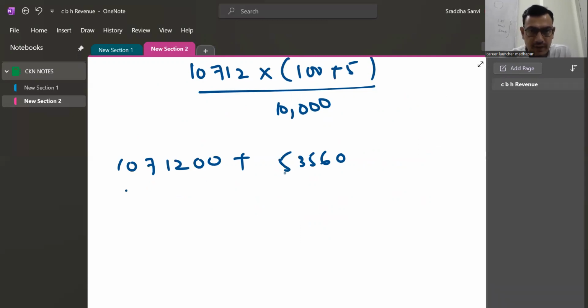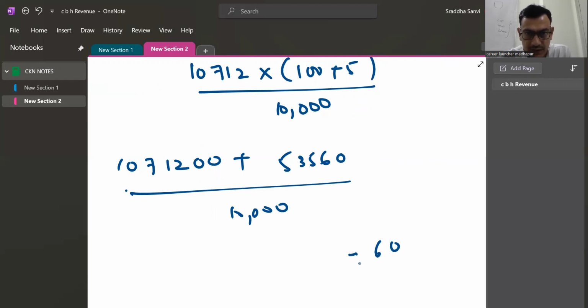This whole divided by 10,000. Now 0, 6, 5 plus 2, 7, this 3 and this 4, this is 7 plus 5, 12, 2, 1, this is 1, divided by 10,000.